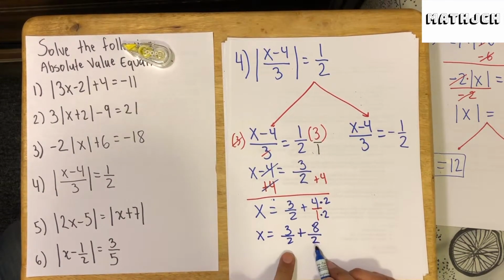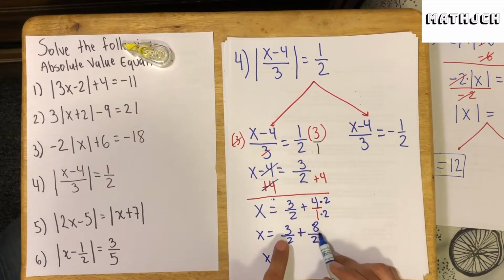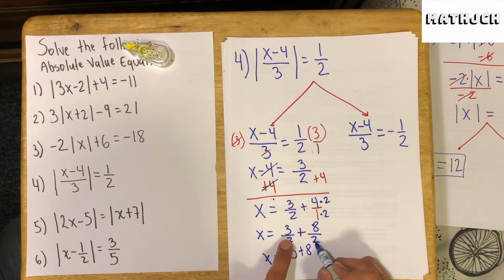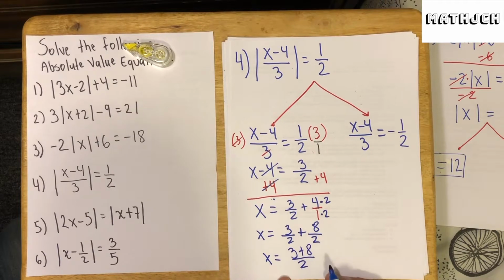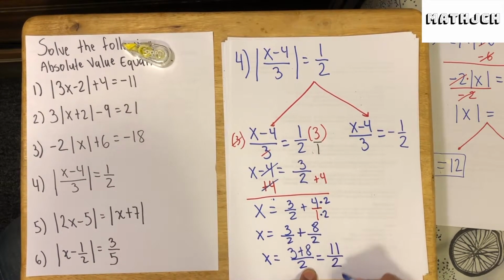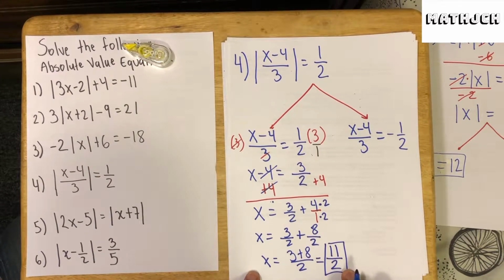Now that I have the same denominator, all I do is combine the numerators. That means I'm going to combine 3 and 8, so it's 3 plus 8, and bring down only one of the denominators, which is going to be the 2. So 3 plus 8 will give me 11/2. One solution will be x equals 11/2.